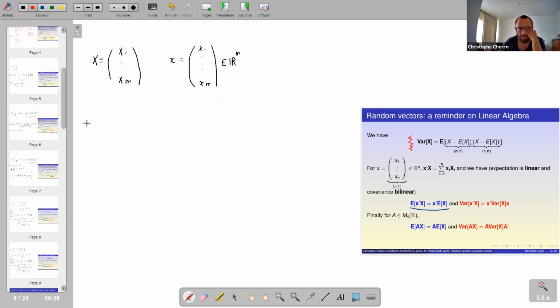So if I compute the variance of x prime x, I can use this one. That is the expectation of x prime x minus the expectation of x prime x, multiplied by the same transpose.